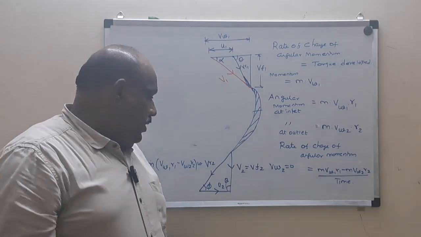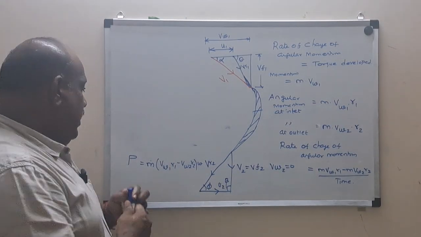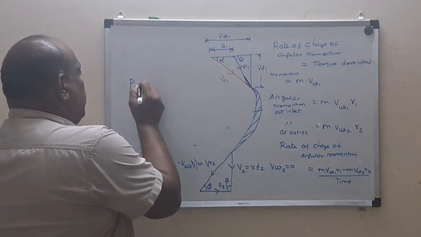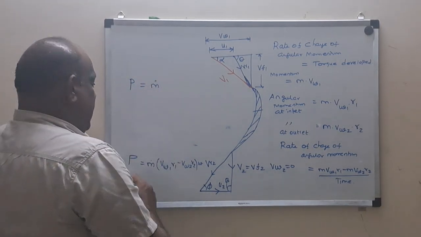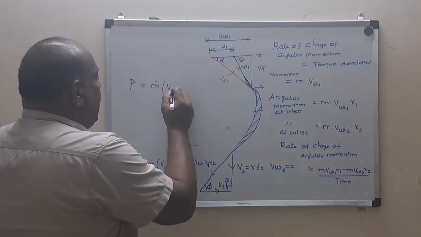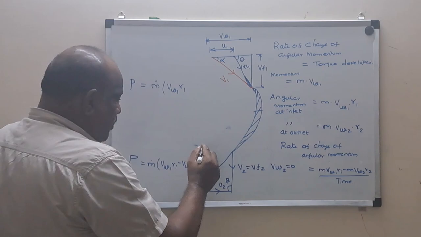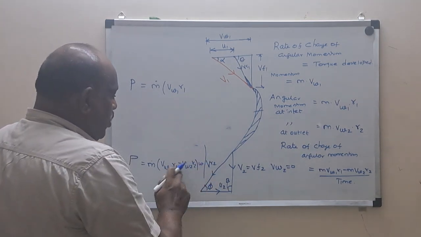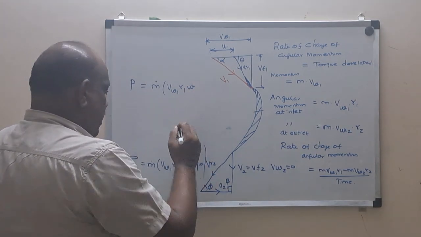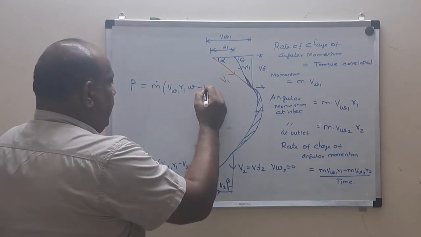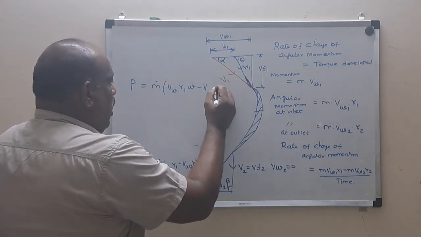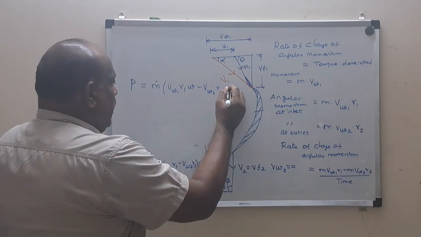Continuing further, we can derive the formula for the power. So the power will be equal to m dot, it is not m, it is m dot, into Vw1 R1 into omega, since omega is common to both terms, minus Vw2 R2 into omega.